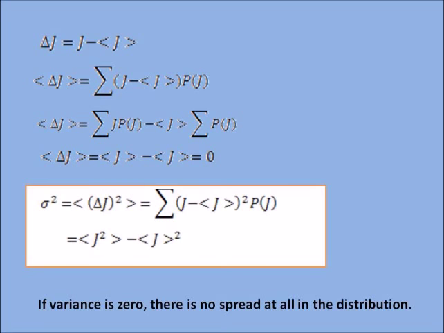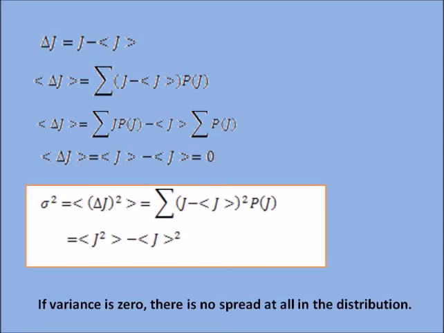If we solve this for both the distributions, we get 0. This is because the sign of delta j is positive for some values and negative for some values, so the addition becomes 0. So to avoid this, we calculate variance.